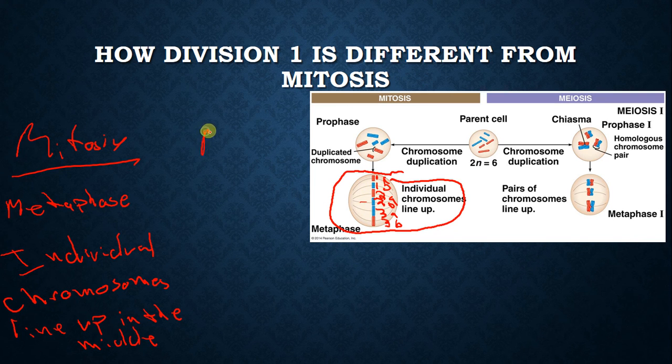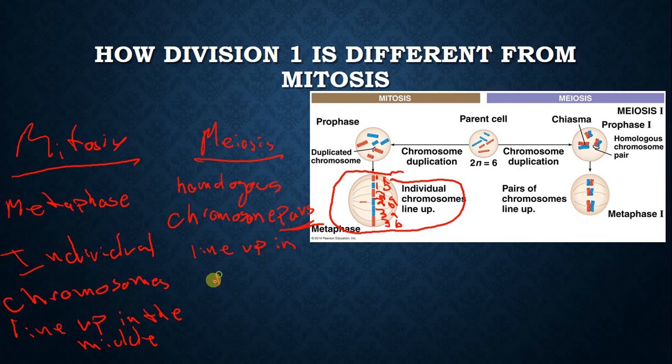In meiosis, during metaphase, homologous chromosome pairs line up in the middle. So just like in this picture, now they're not all in a line, but all the 1 chromosomes, 1A on one side, 1B on the other side.